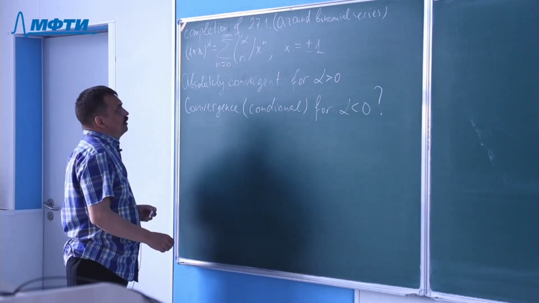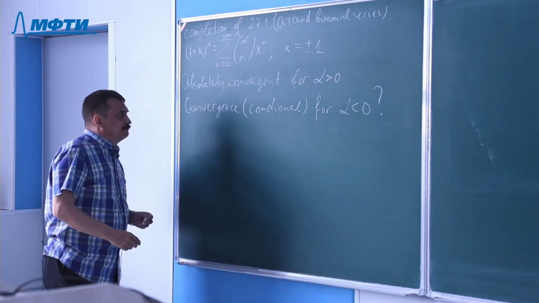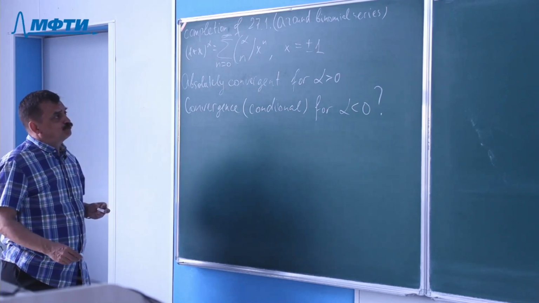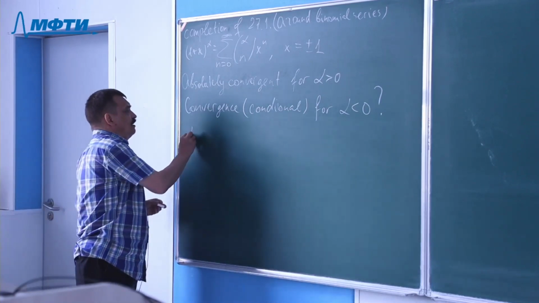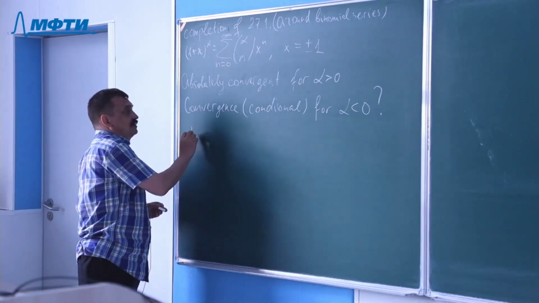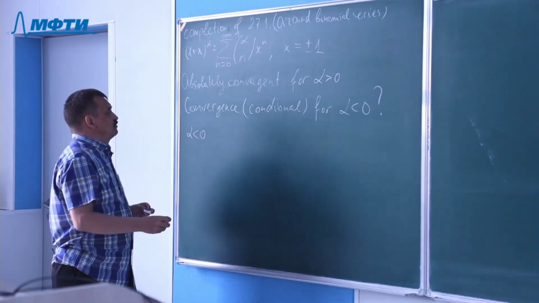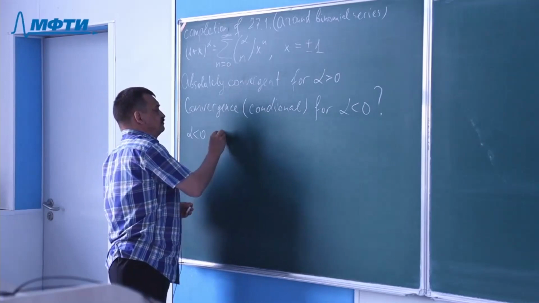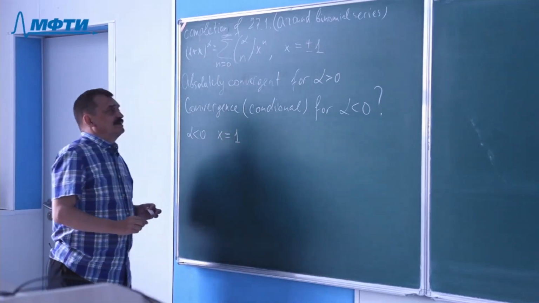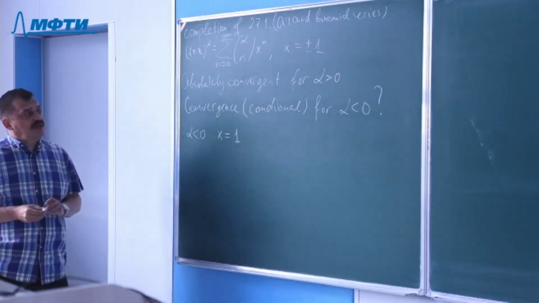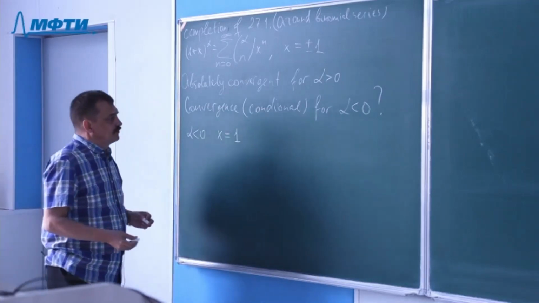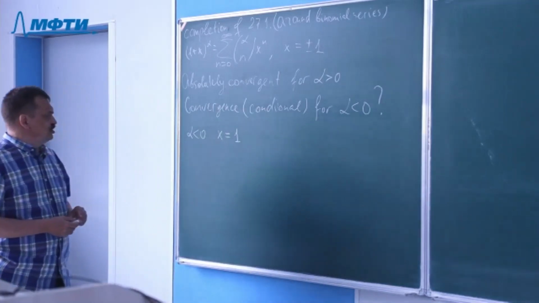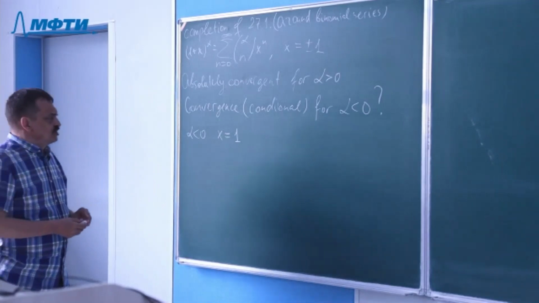And I proved that for alpha less than 0, so if we denote, for example, we started to consider x equals to 1. Oof, I forget which letter I used.